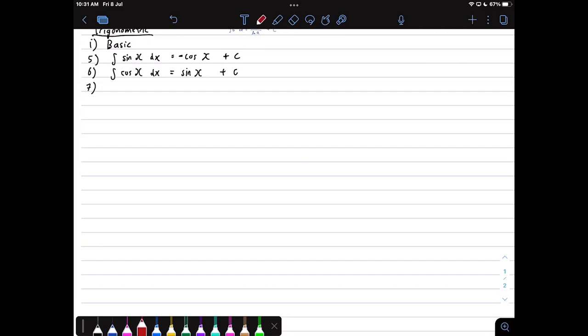Let's put an asterisk over here. What does it mean? Integral of tangent of x dx. What is this equal to? ln of modulus of secant x. What does the asterisk there mean? Must memorize.